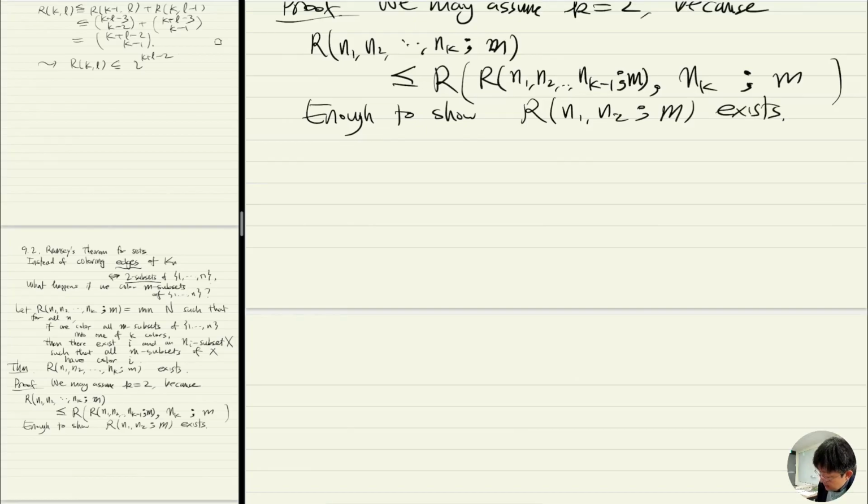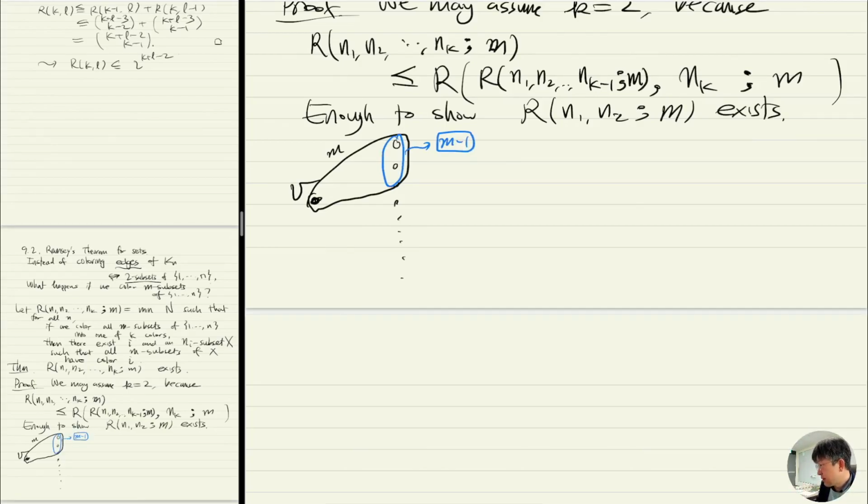All right. Now let's pick one vertex, one number, and look at all other sets. Now, if I look at the set of size M here, then that induces a subset of size M minus 1.